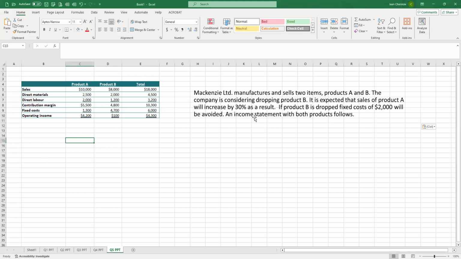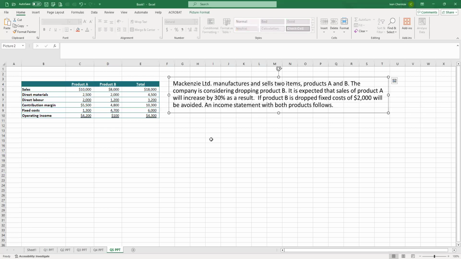So here, you can see me, right? So you can see the question. This company manufactures and sells two items, product A and product B. The company considered dropping product B. It's expected that the sales of product A will increase by 30% as a result. If product B is dropped, fixed cost of 2,000 will be avoided.